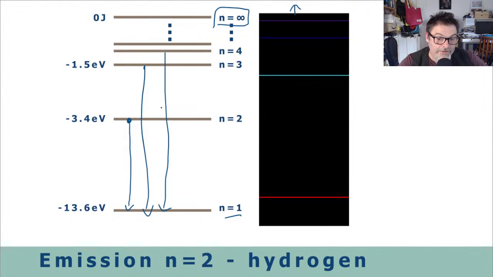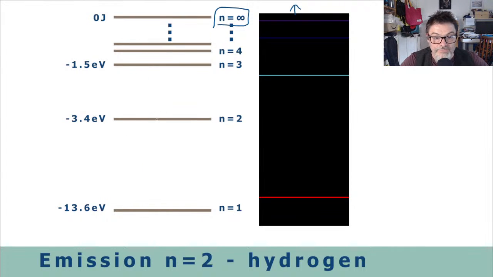The point here is that the drop from 2 to 1 is included in every one of these drops, and this is a big change, which means that all these photons from the drops that end in level 1, the ground state, are going to have high energy, so they're all going to be ultraviolet, and this will create a series of lines that we can't see.